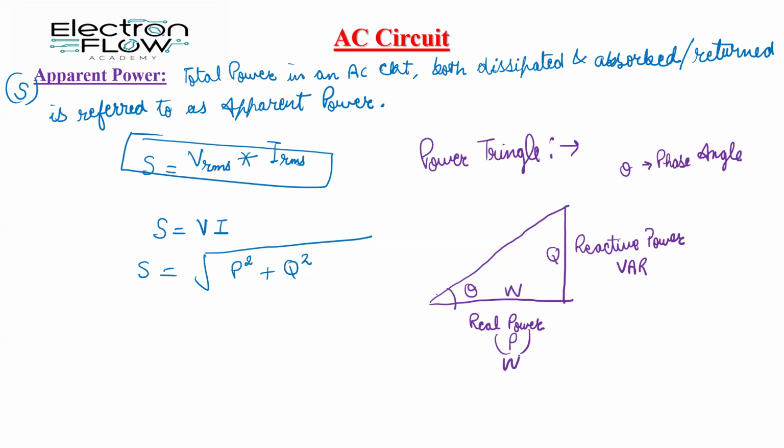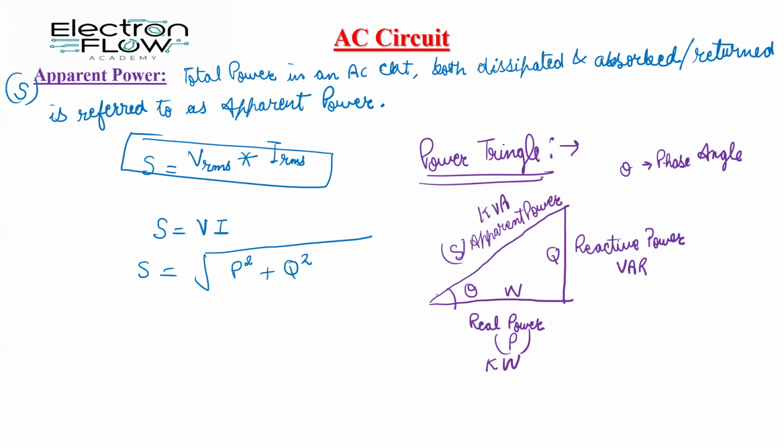And this is actually the resultant, which is known as the apparent power S, whose unit is kVA if I talk in terms of kilo. This is the power triangle.